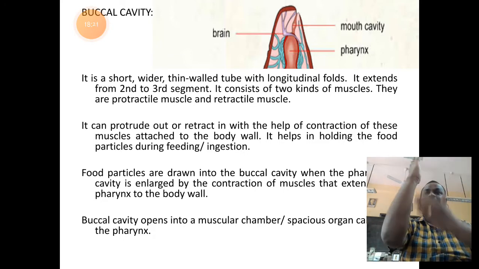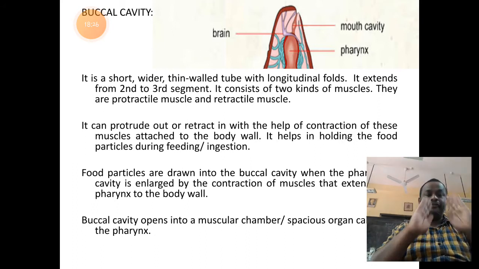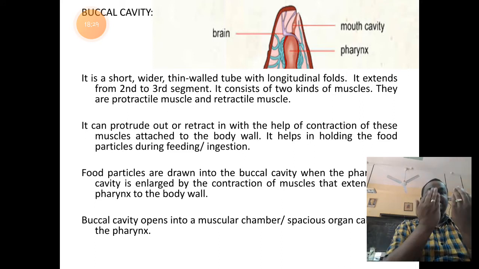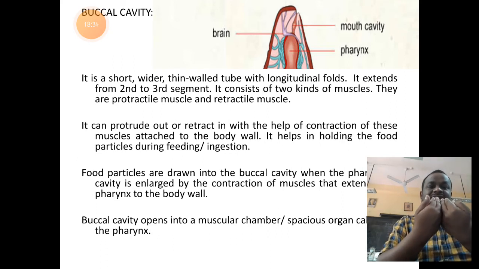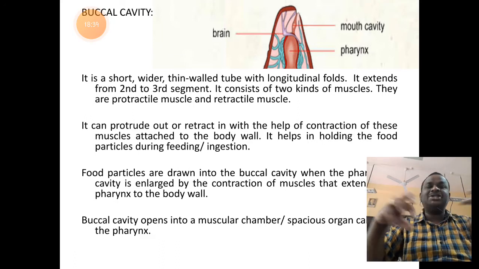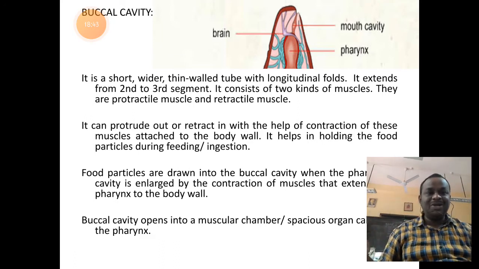What is the importance of the longitudinal folds? It is like a fold seen from anterior to posterior. Whenever the food is taken into this cavity, these folds will unfold so that the space of the mouth cavity is extended. Are you able to understand?